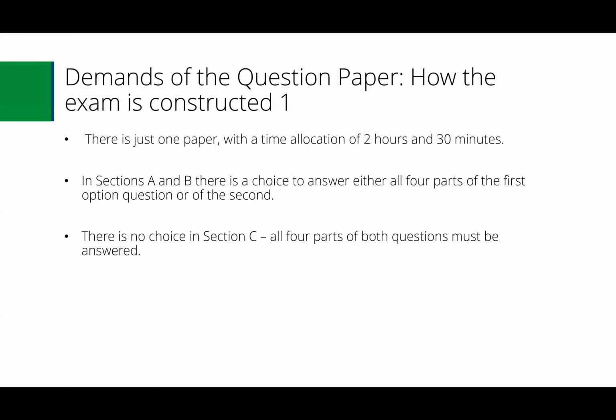There is no choice in this. All 4 sections of question 5 need to be answered. All 4 sections of question 6 need to be responded to as well. So it's important that students get that understanding very quickly. So when you are teaching in your classroom, try and bring up an exam paper as a way for them to get used to the question papers as well.